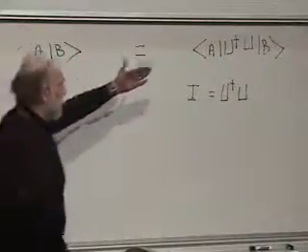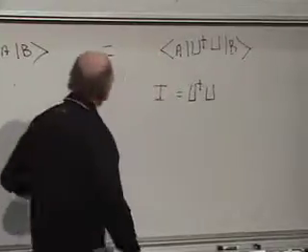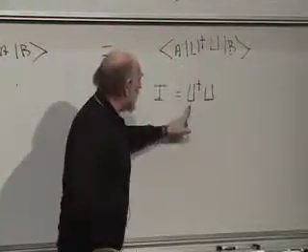If you have some operator that when you sandwich it between any two vectors gives you back the inner product without the operator, then that operator is the unit operator.